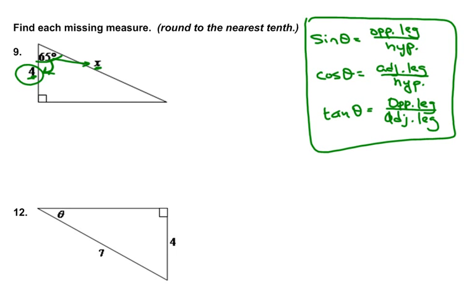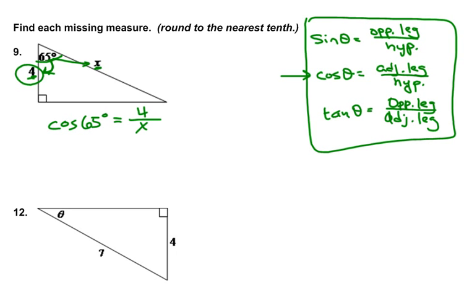So I'm going to look for the function that deals with the adjacent leg and the hypotenuse, and that would be cosine. We're going to say cosine of 65 degrees is equal to the adjacent leg, which is 4, over x.